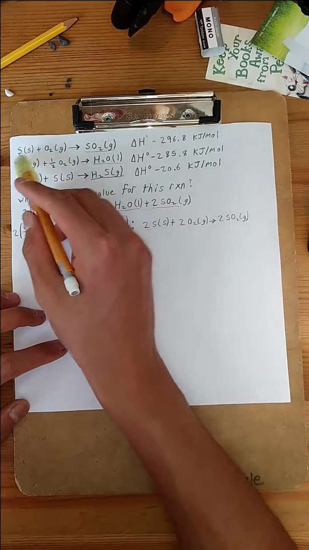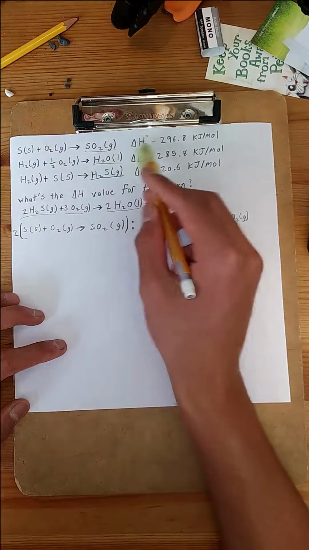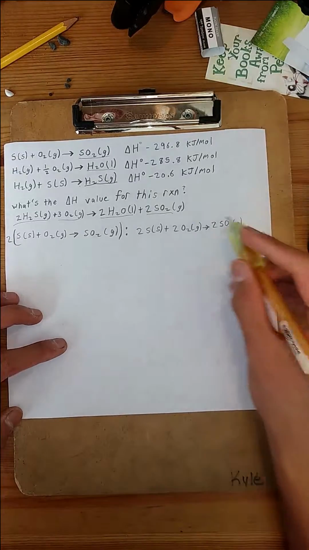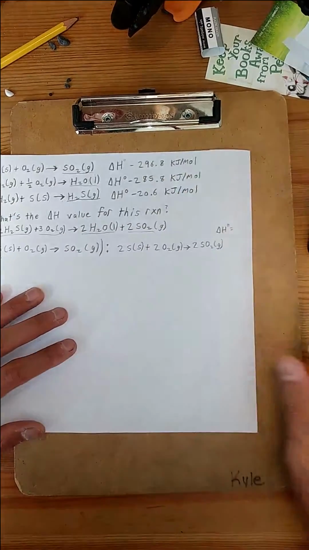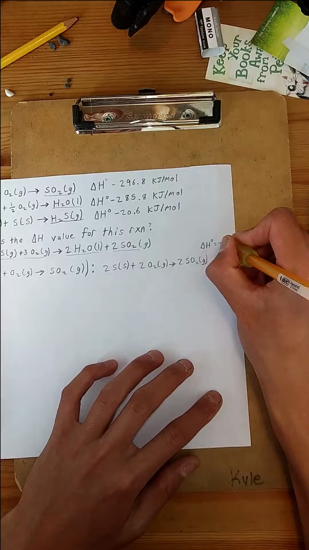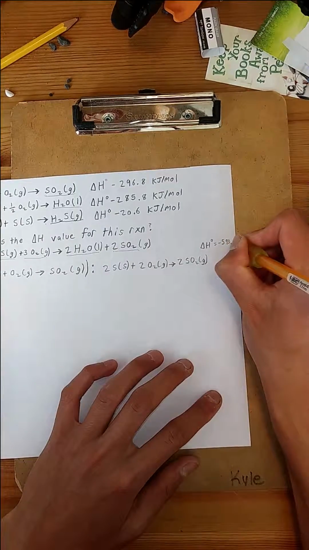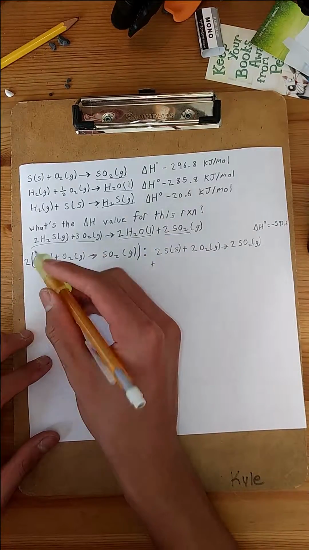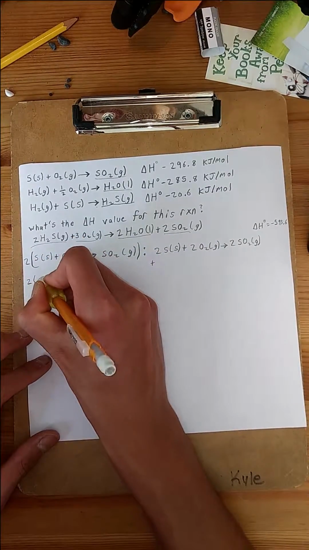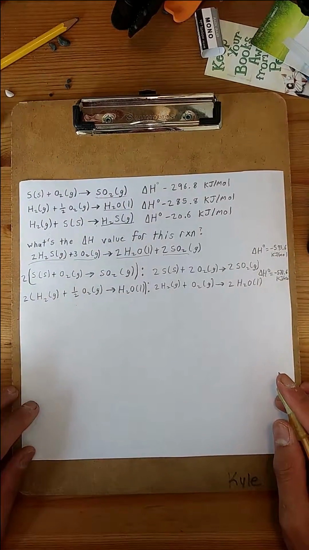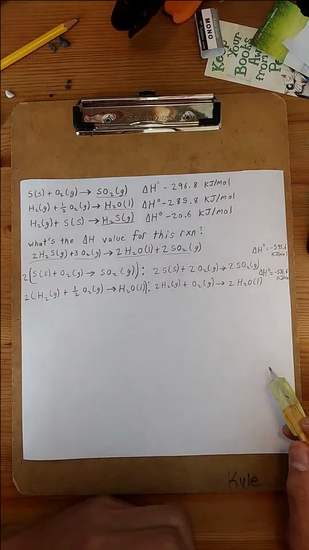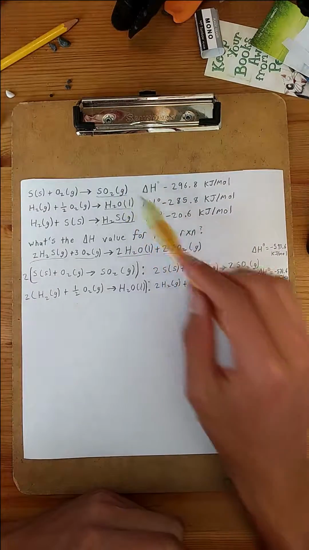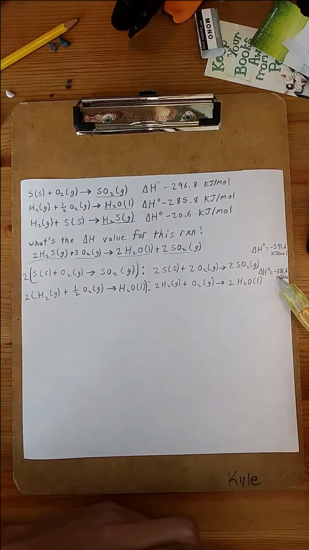And since you multiply everything by 2, you would also have to make the delta H multiplied by 2. This times 2 is negative 593.6. And we want 2 waters, so we'll have to multiply everything by 2. So we have our water and our sulfur dioxide.